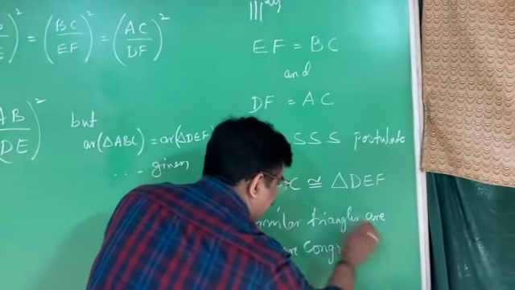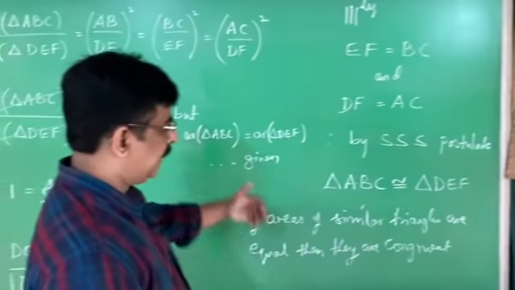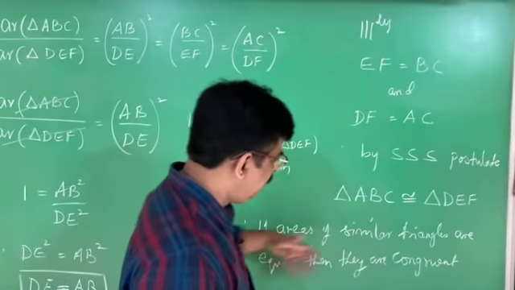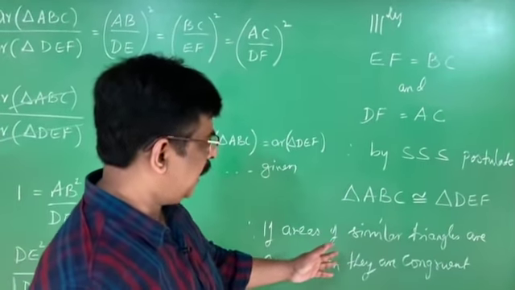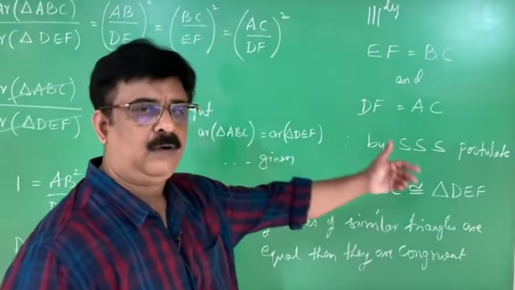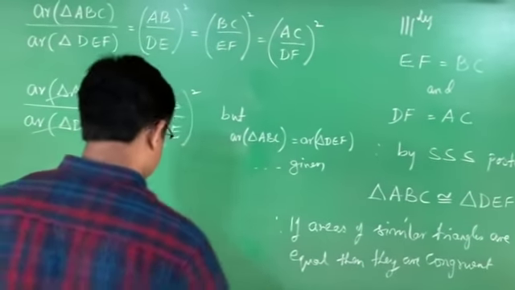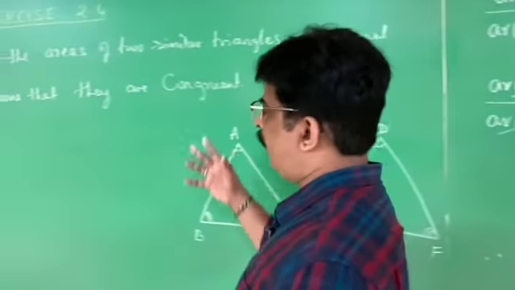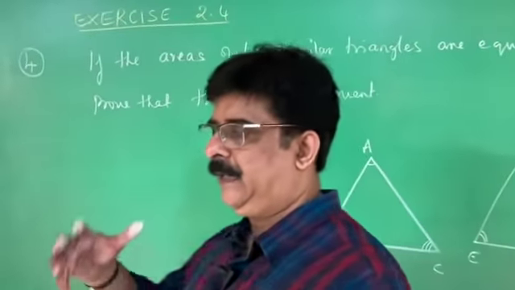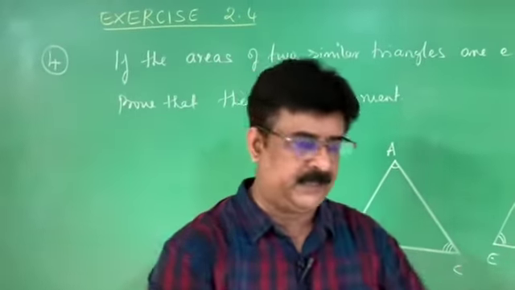You have to remember, always you have to remember the statement. It is always right. It is just like a theorem. We get a statement: if areas of similar triangles are equal, then they are congruent. I repeat this problem once again. It is a rider. This problem can be solved by using the ideas of geometry.